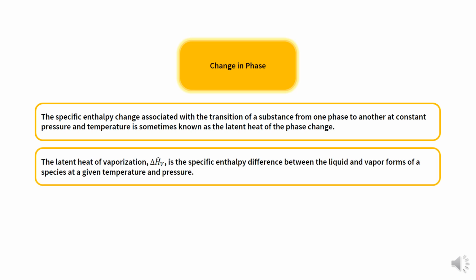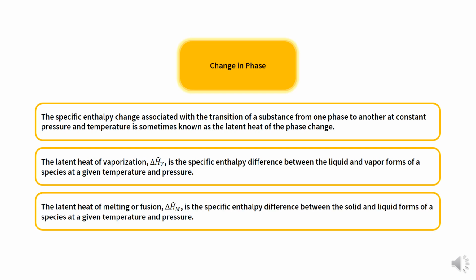The latent heat of vaporization, or delta HV, is the specific enthalpy difference between the liquid and vapor forms of a species at a given temperature and pressure. And the latent heat of melting or fusion, or delta HM, is the specific enthalpy difference between the solid and liquid forms of a species at a given temperature and pressure.